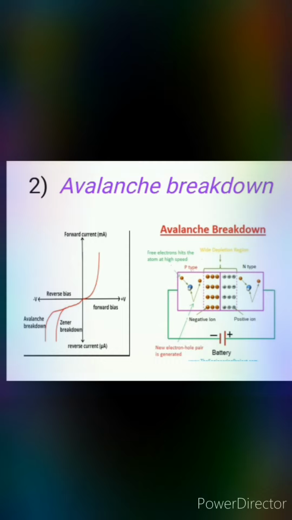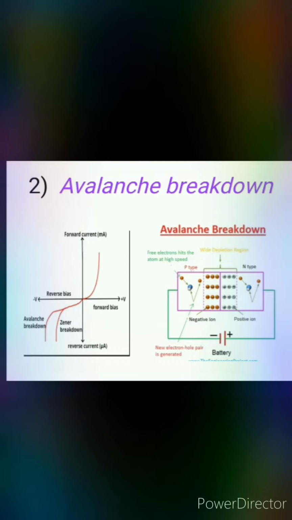Now the proper definition: the process of applying high voltage and increasing the free electrons or electric current in semiconductors and insulator material is called avalanche breakdown. Now let me tell you some of the characteristics of this breakdown. This is observed in Zener diodes having Zener breakdown voltage Vz greater than 8 volts.